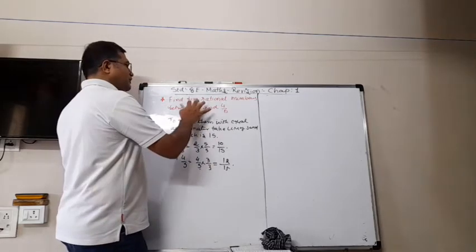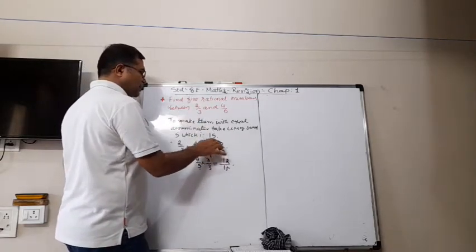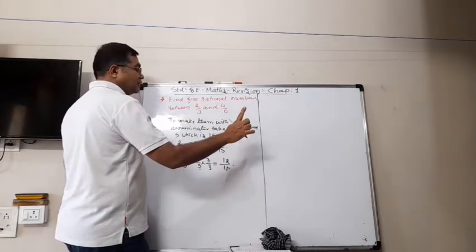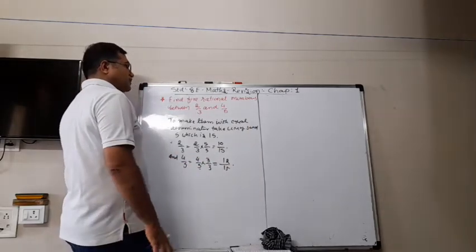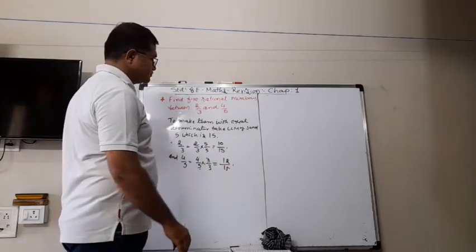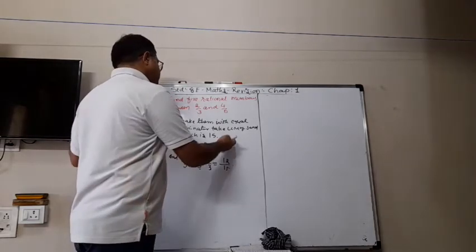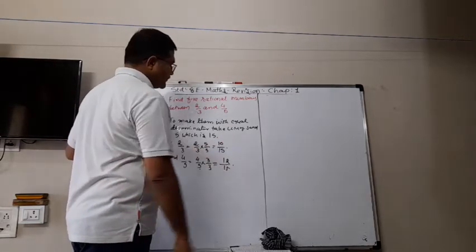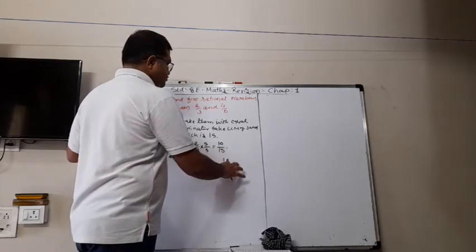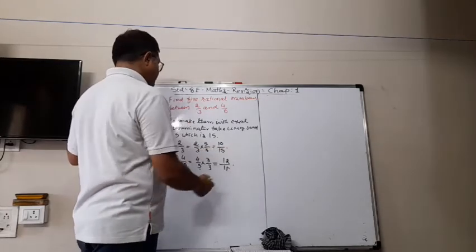Now we have to find 5 rational numbers, but between 10 and 12 there is only one number. So rather we can multiply both with some bigger number. Say we can take 5 upon 5. So 10 5s are 50, 12 5s are 60. There will be enough numbers.